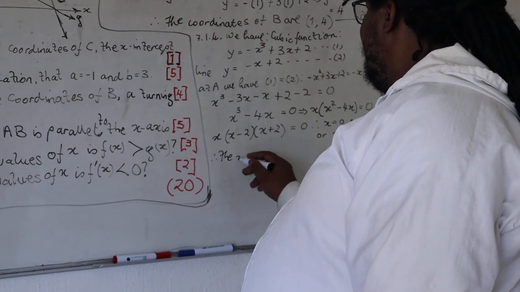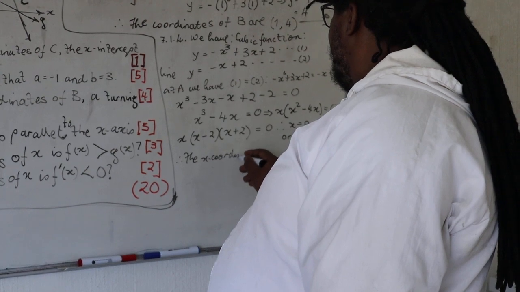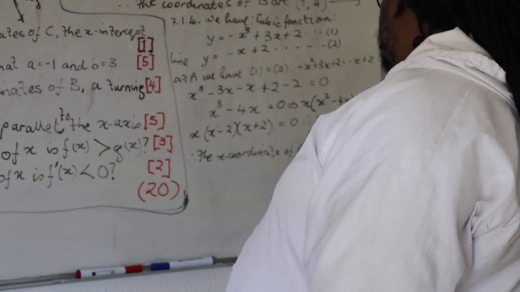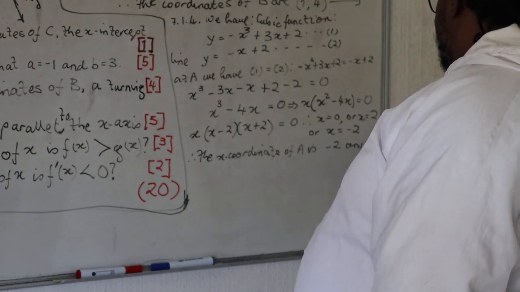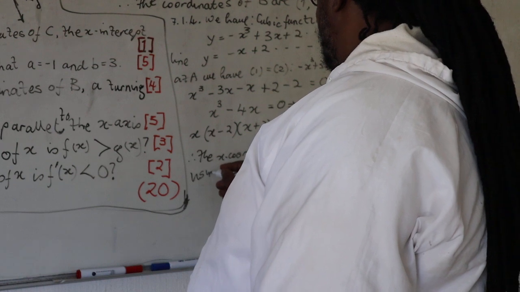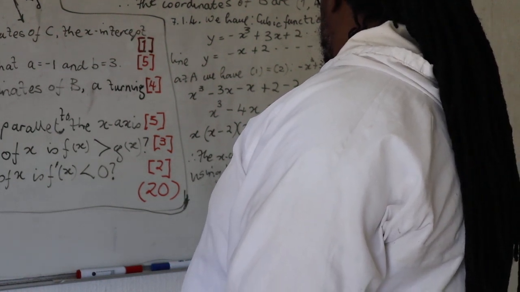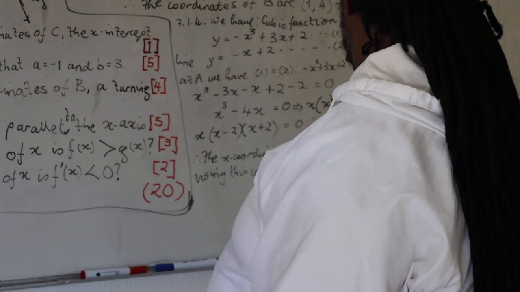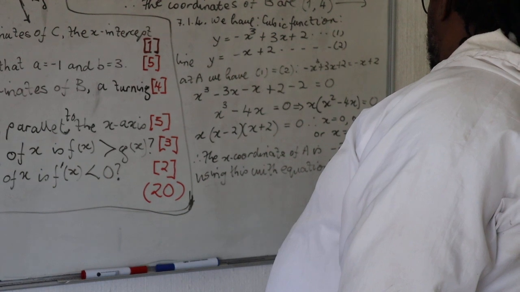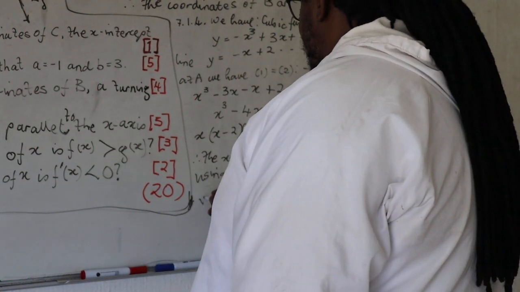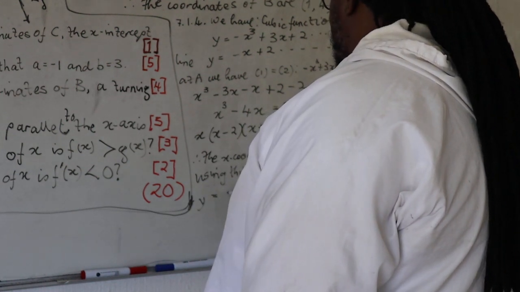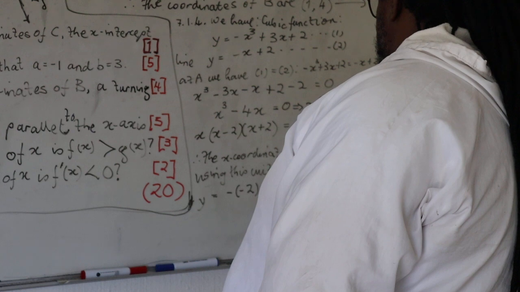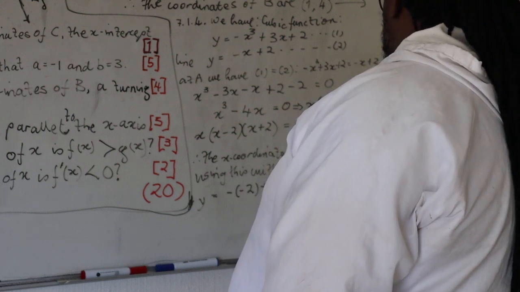Therefore, the x coordinate of A is minus 2, and using this with equation 2, we have y is equal to minus bracket minus 2 plus 2, which is equal to 2 plus 2 and equals 4.